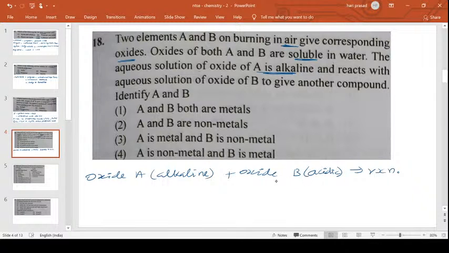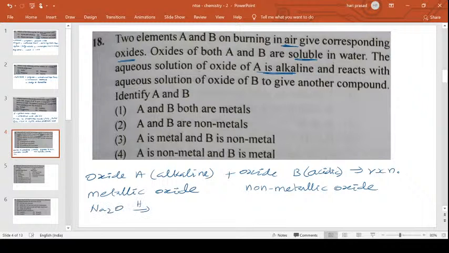Acidic oxide is called non-metallic oxide. Generally, acidic oxide is non-metallic oxide. Basic oxide, basic in the sense alkaline, is metallic oxide. Generally, metallic oxides are basic. For example, sodium oxide with water gives sodium hydroxide, which is a base.